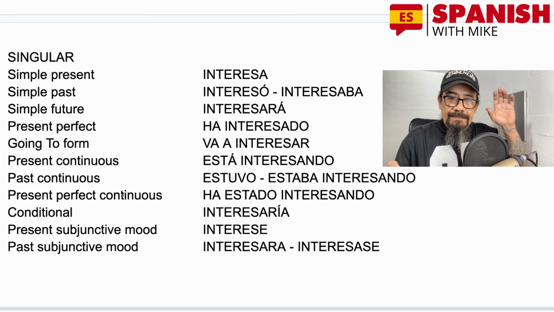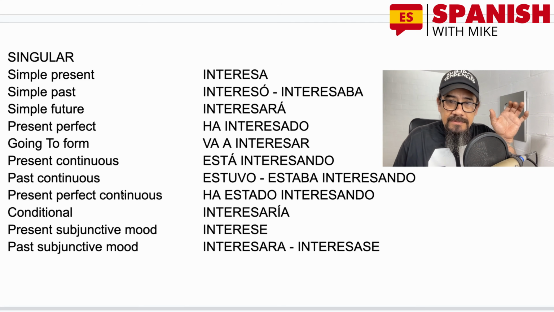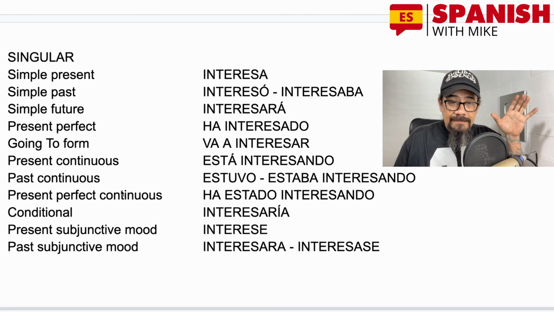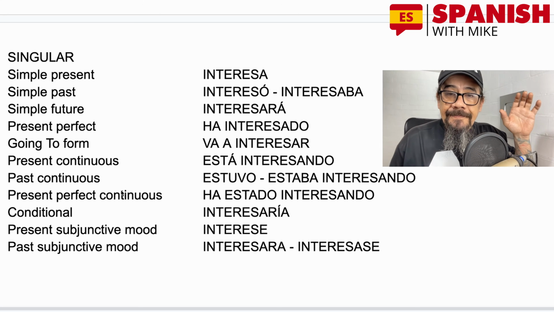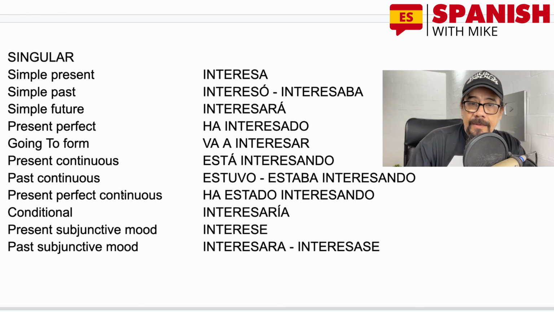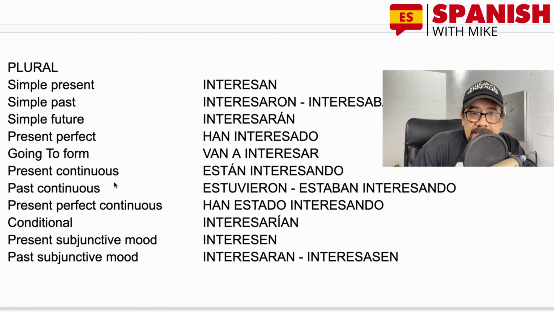So remember, we place the indirect object pronoun or the full form, the emphasis form. Then we place the conjugation of the verb depending on the object. If the object is singular, we use this, or if the object is plural, we use this conjugation list here.